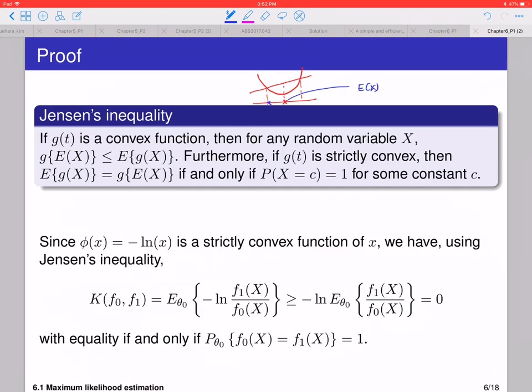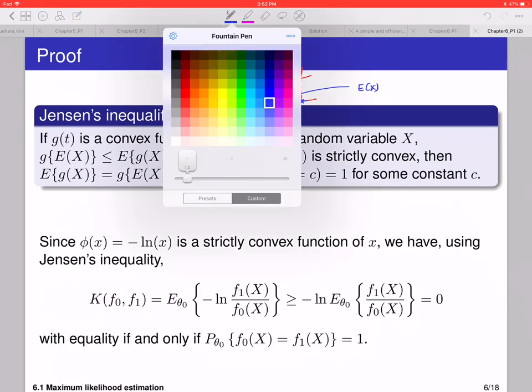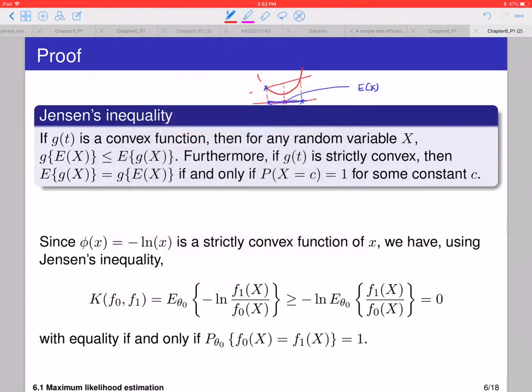This is a random variable taking values anywhere between the two points.